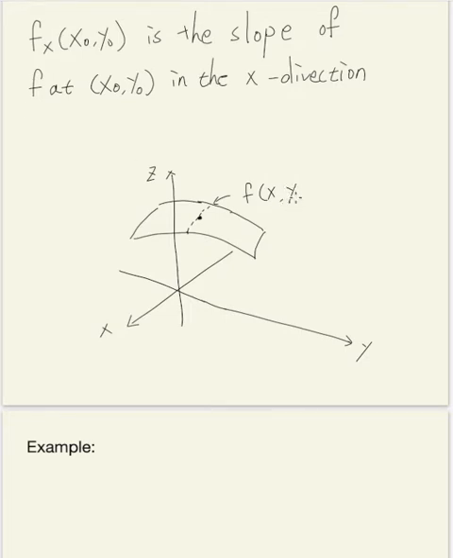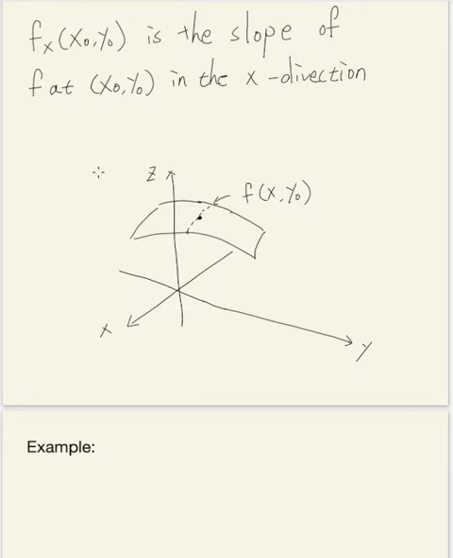So we fix y as y naught, but we change x. If we only change one variable, we get a curve, right? This is a curve that lies on the surface and passes through our point x naught, y naught. Then the slope of this curve at this point is what we mean by the slope of f in the x direction.